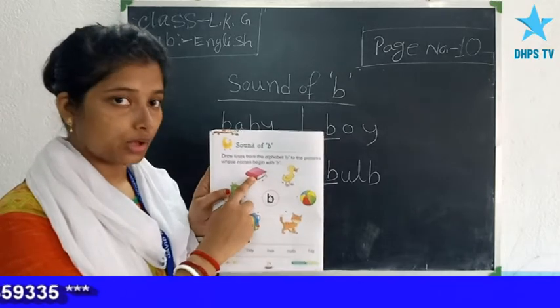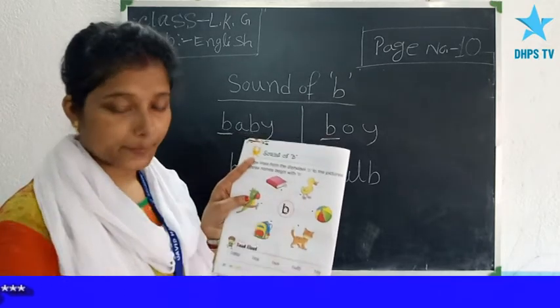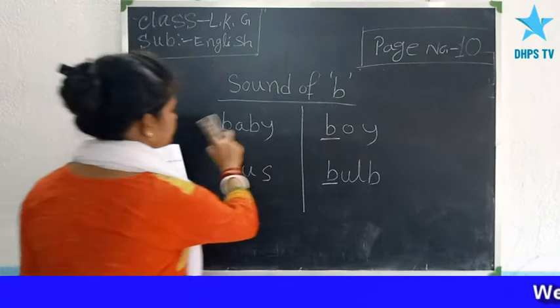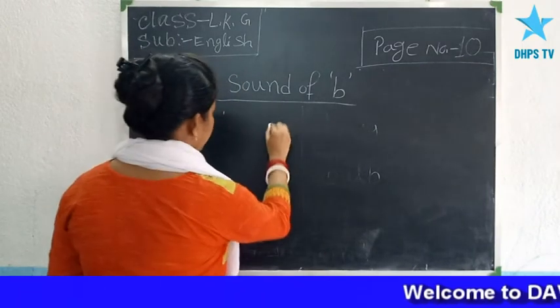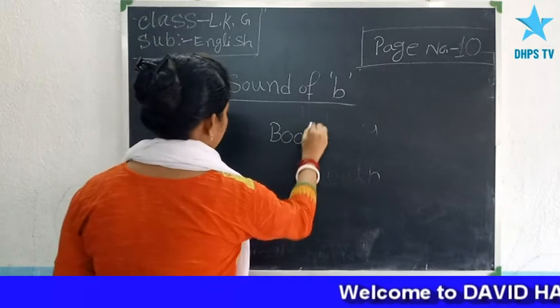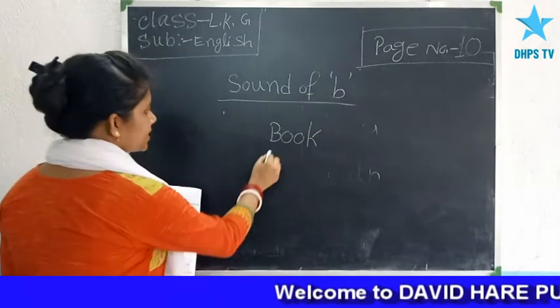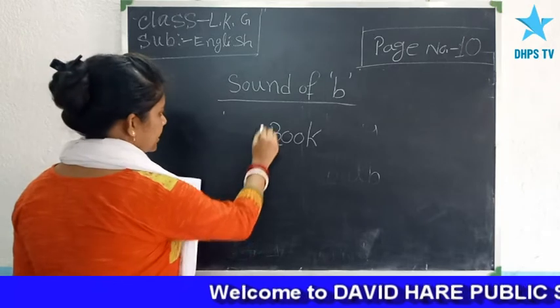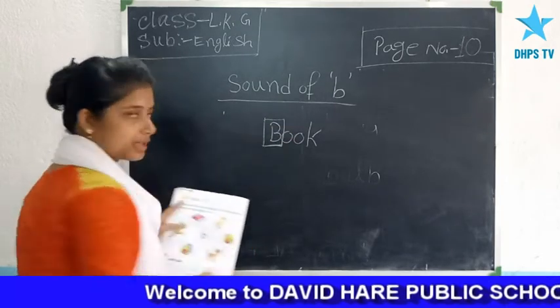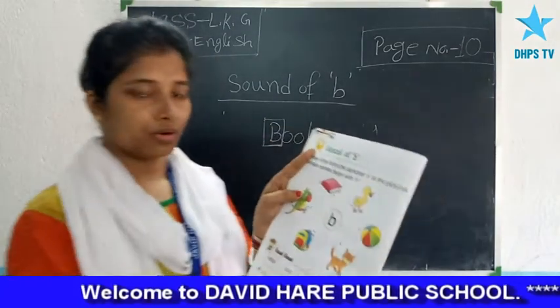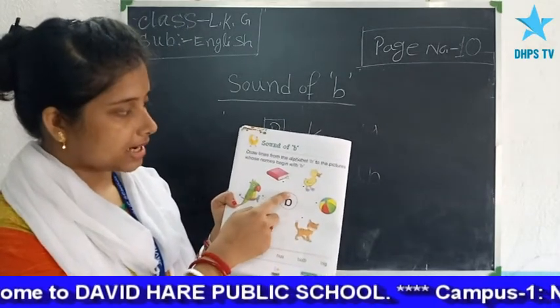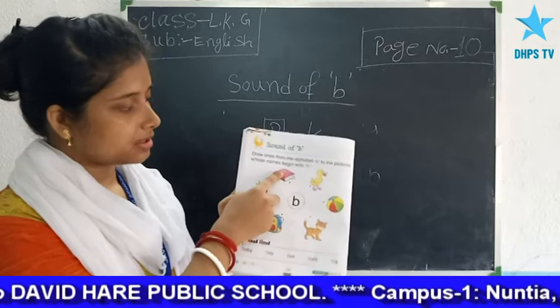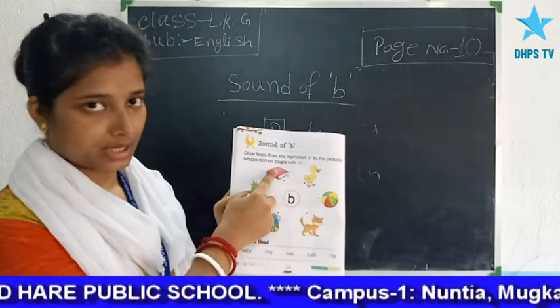This is a book, B-O-O-K, book. What is the first letter? The first letter is B, as you can see. So what to do? Just start a line from here and join it to the picture.